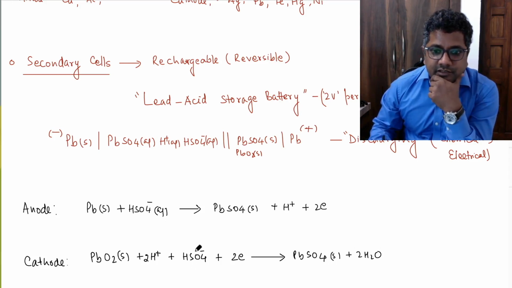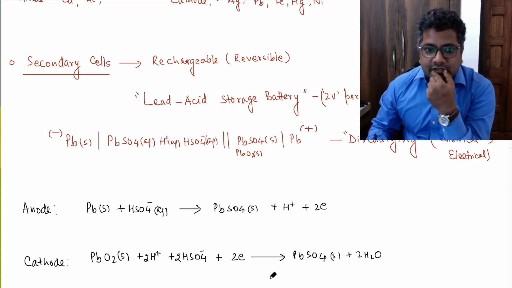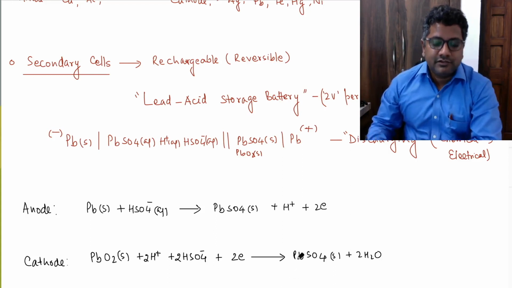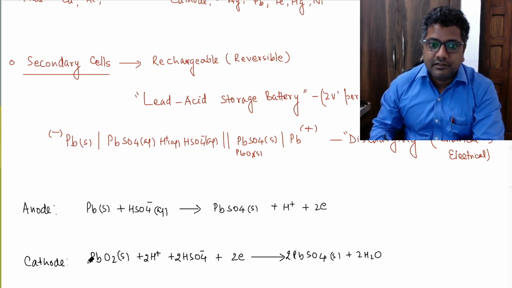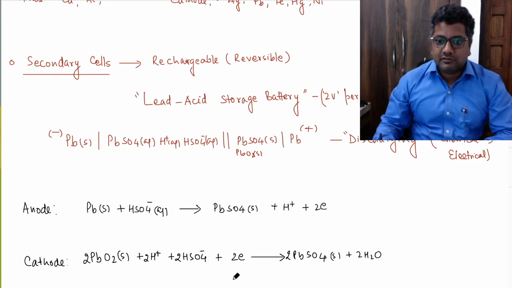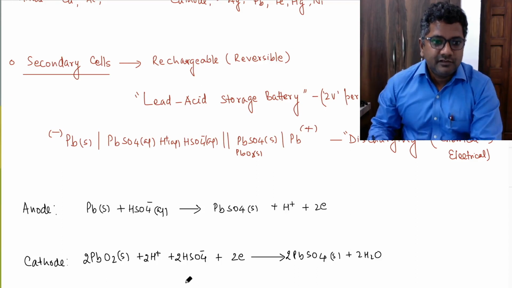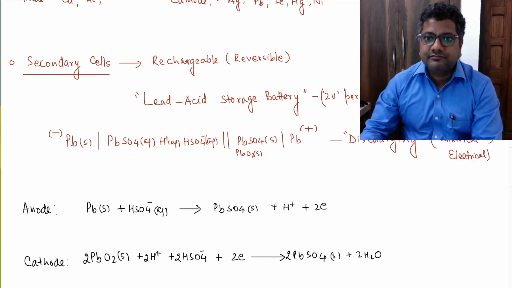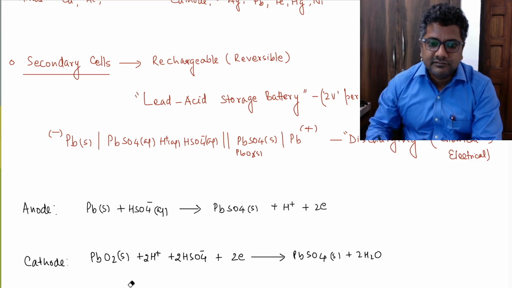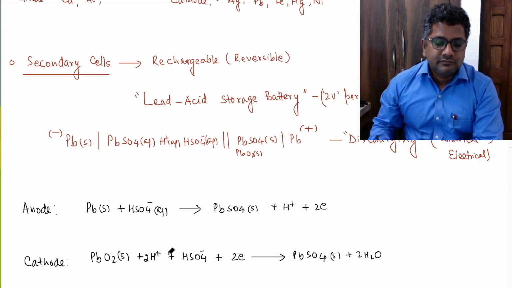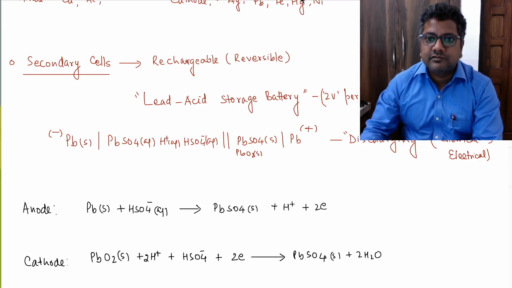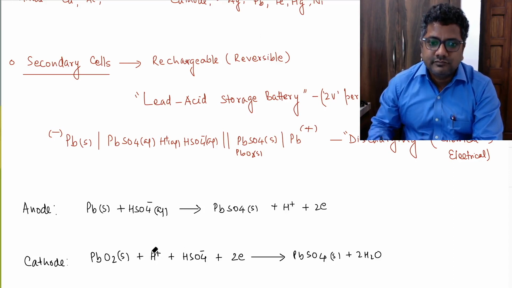Now see the balancing. So we have 3H plus, 3 and 1 is 4, to the 4.